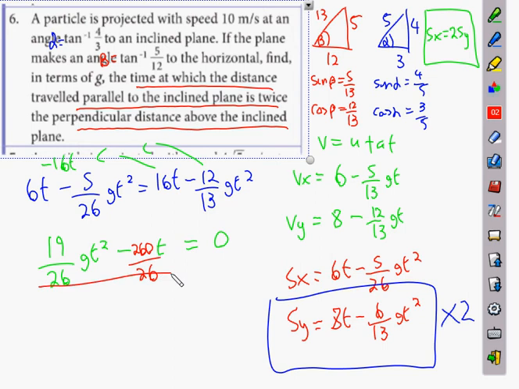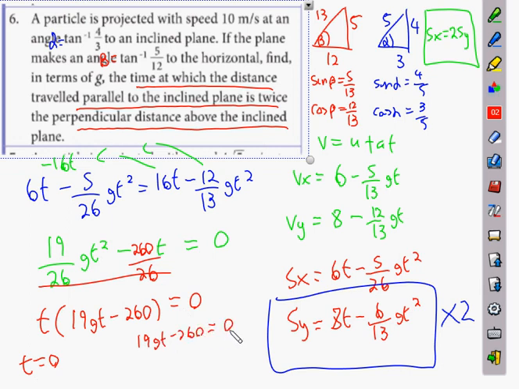And we are going to take out t only. So we're going to be left with t bracket 19gt minus 260 equals 0. t can equal 0, or what else? 19gt minus 260 equals 0. 19gt equals 260. t equals 260 over 19g.